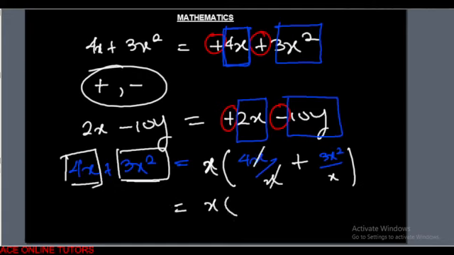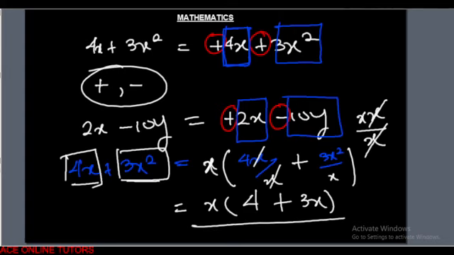So this x cancels this x, you have 4, then plus. Now don't forget that x squared is just x and x, then you are dividing by another x, so one of them will just go, so you are left with 3x. So this is the final answer when we factorize that particular expression.